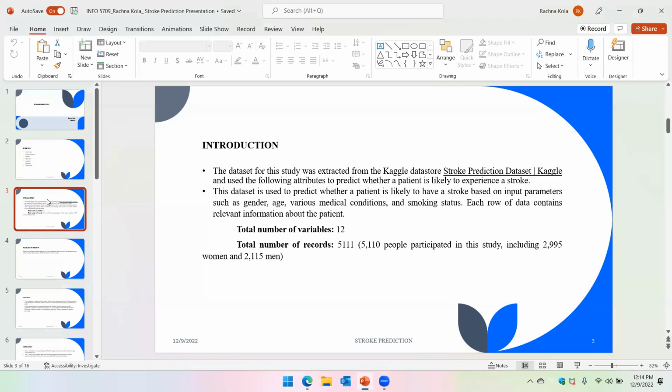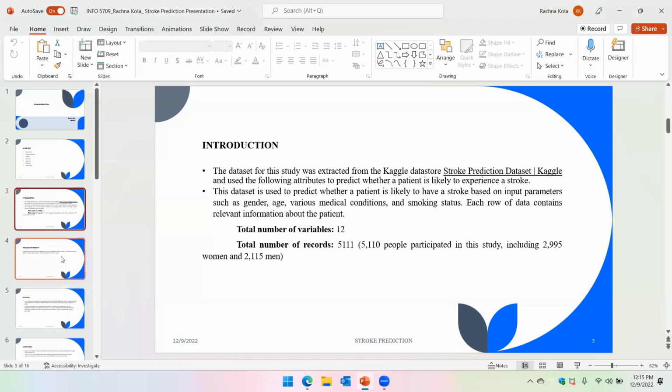Each row of data contains relative information about the patients, like where they are coming from and what problems they have had in the past. The total attributes that my project contains are 12, and the total number of records are 5,101, of which 2,995 are women and 2,115 are men.